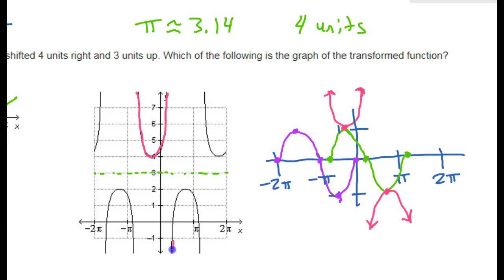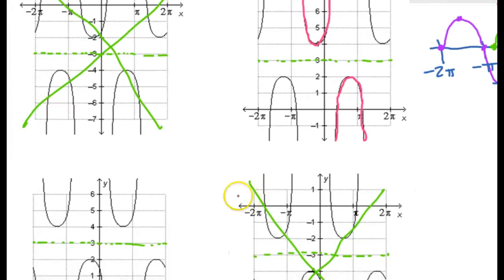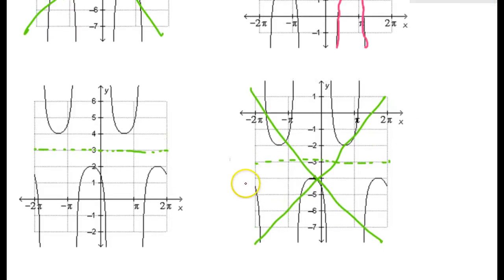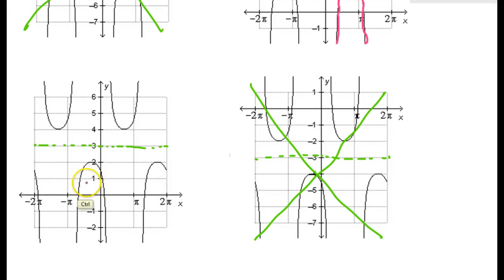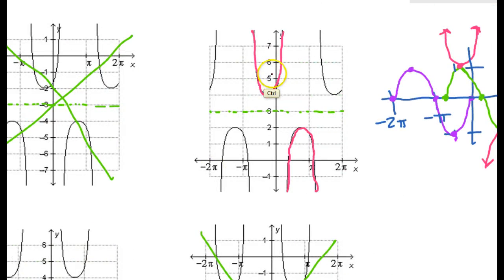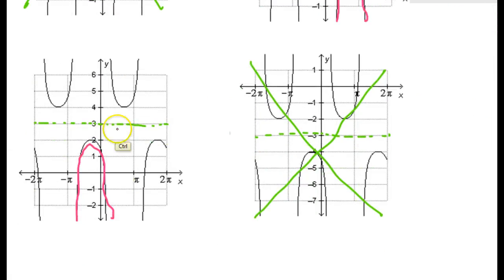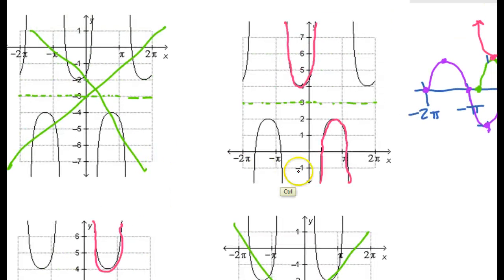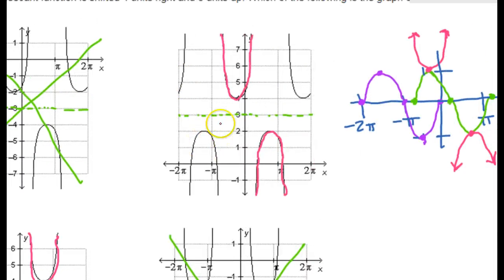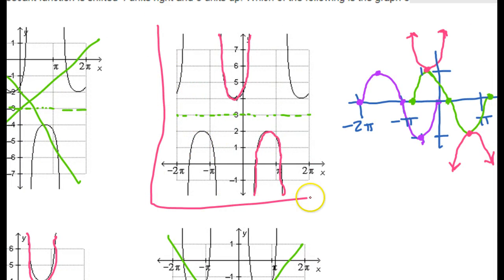And here we have a downward facing loop to the right of the y-axis. That would match what we came up with. Let's look at the other example. To the left of the y-axis, we have this downward facing loop. We wanted an upward facing loop like this. To the right of the y-axis, we have an upward facing loop when it should have been a downward facing loop. So this is going to be the right answer.